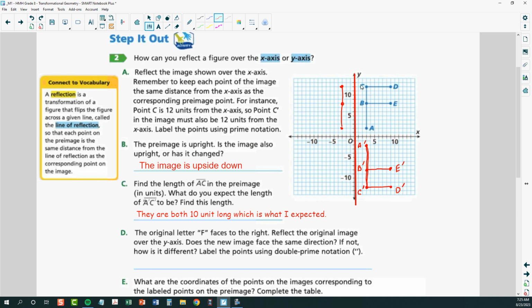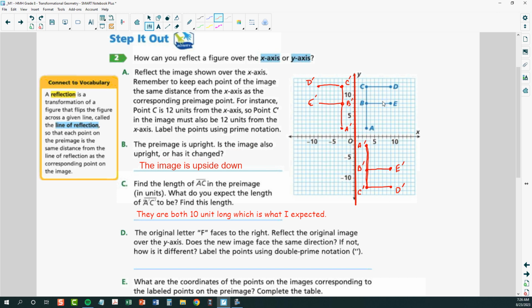It's 9 spaces. 1, 2, 3, 4, 5, 6 away. 1, 2. So this would be C, D, and these are prime. E prime, B prime, and A prime.